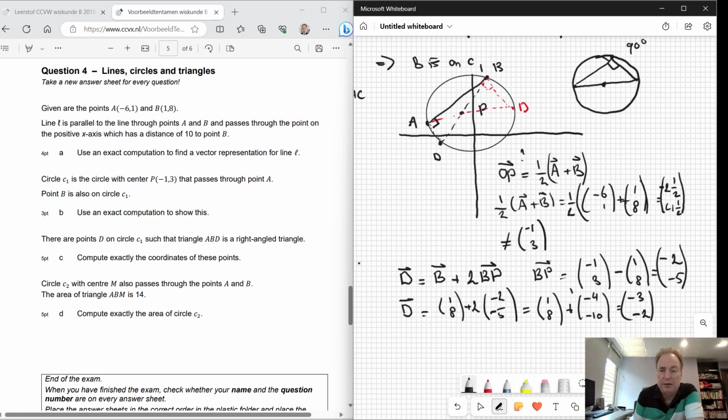So this is, say, case 1. Case 1 is that BD is the diameter.